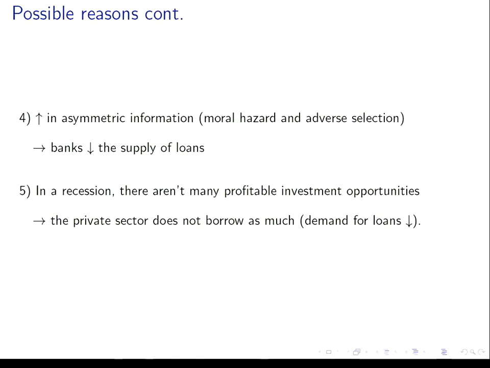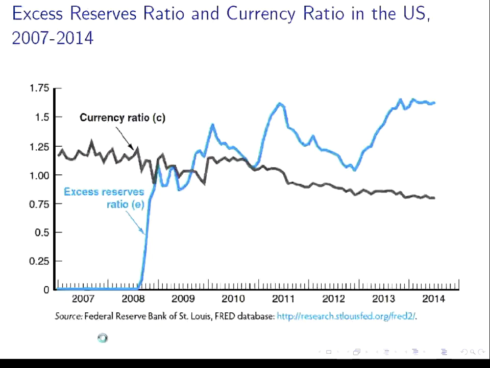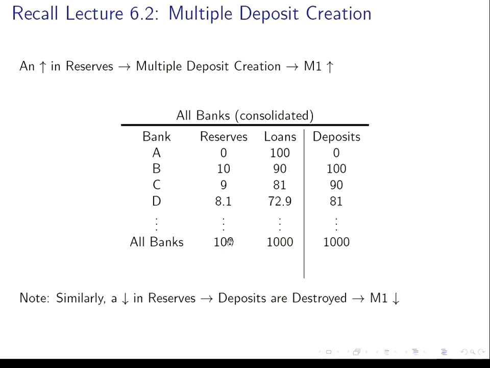And the final point is again something that we have discussed, and that is that if we are in a recession and if businesses are not finding profitable opportunities, then people won't demand loans. This basic balance sheet idea fails if people are not taking loans, right?